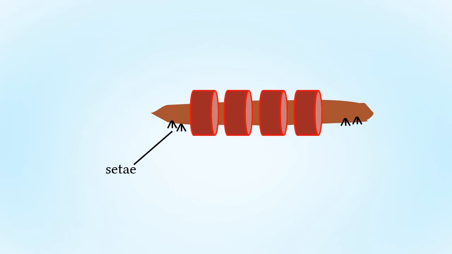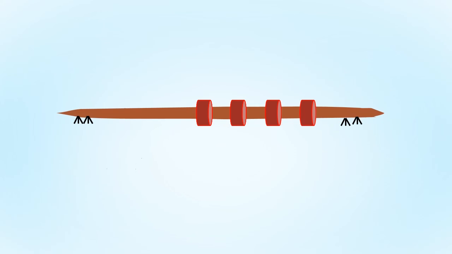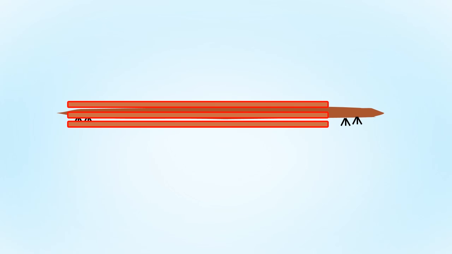Anchoring the posterior setae on the ground, it contracts the circular muscles to extend itself forward. Then it uses the anterior setae to hold on at the front, releases the posterior setae, and then contracts its longitudinal muscles to pull itself towards the anterior end. By repeating this process, the earthworm inches its way along the top of the ground as well as underneath it.